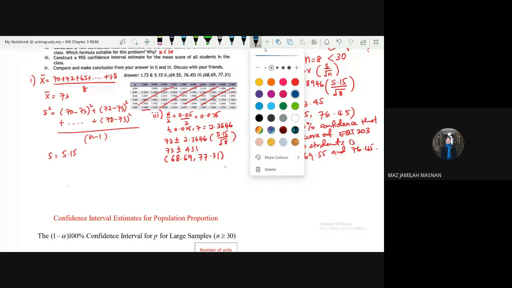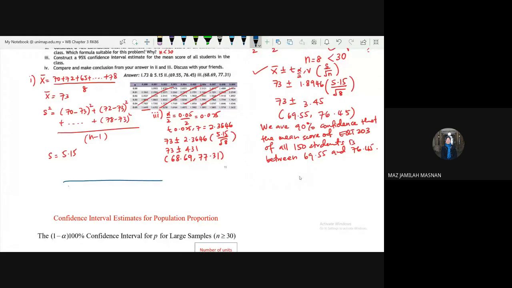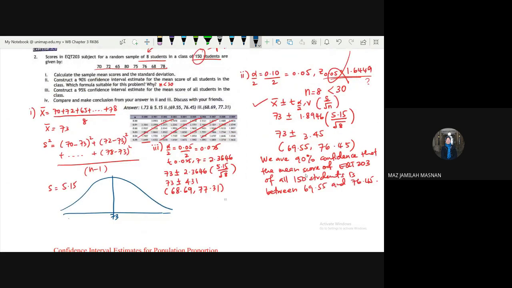Okay, so if you compare, if I were to draw, the mean is 73. Let's begin with 90%, where it will be 69.55 until 76.45.